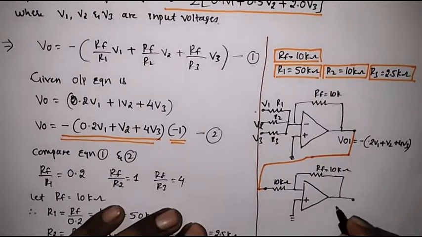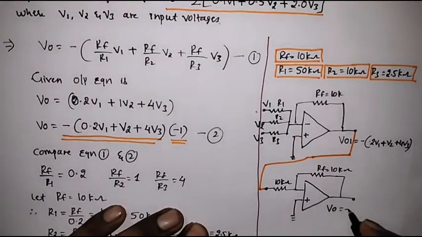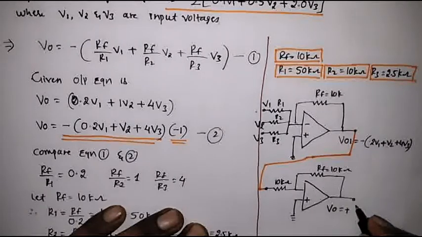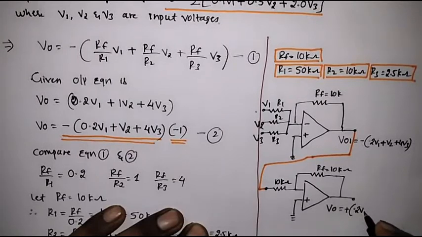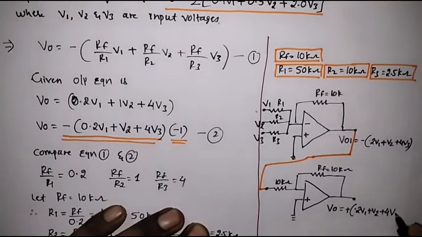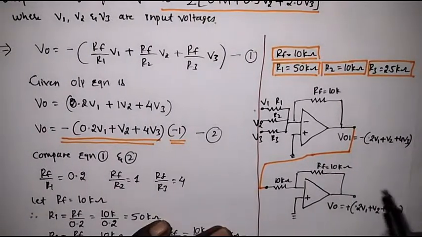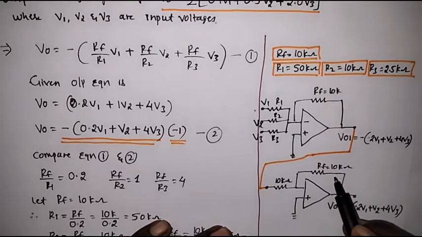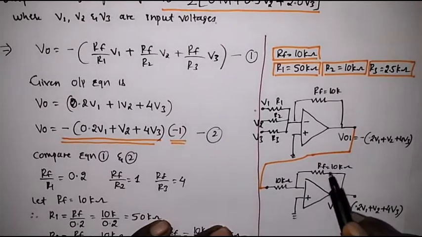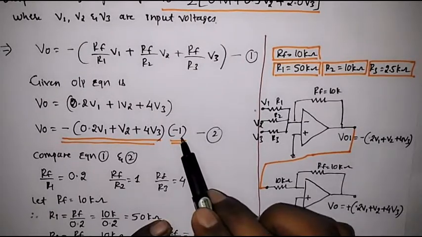Therefore the output of this VO is equal to minus and minus will become plus 0.2 V1 plus V2 plus 4 V3, because we know that the output of inverting amplifier is given by minus Rf by R1 into Vin, where Rf by R1 values are same, so it will be minus 1.